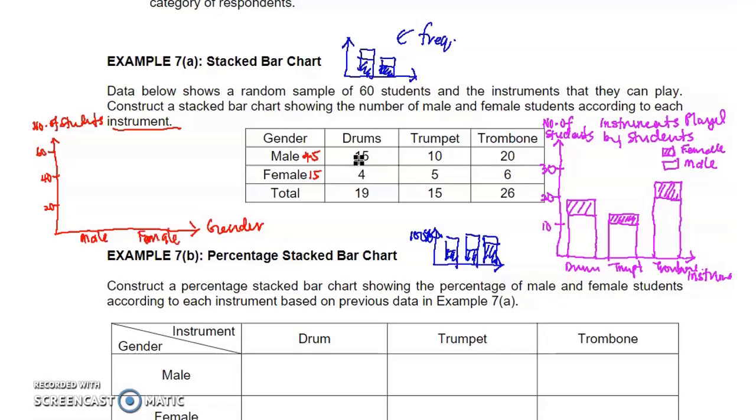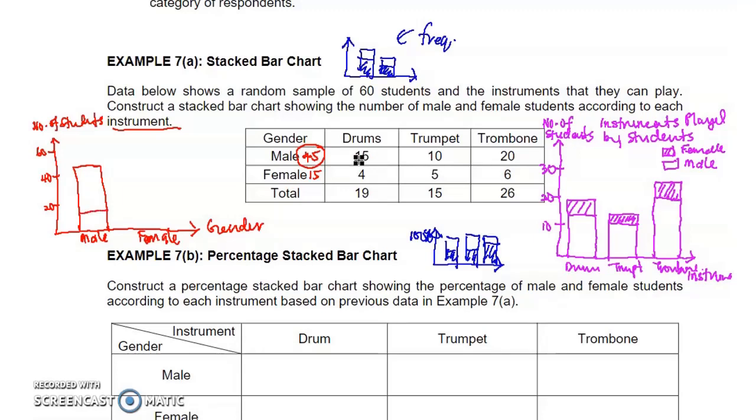Okay, how to draw? You draw a line for 45. Okay, male 45. Let's say 45 somewhere around here. Okay, how to draw the layers? Look now. Drum is 15. Let's say 15 is somewhere around here.